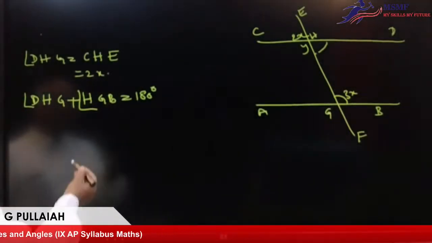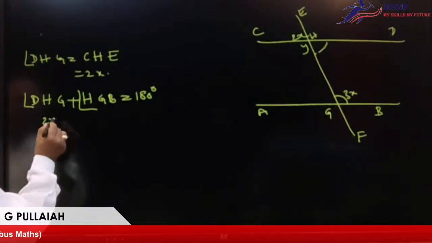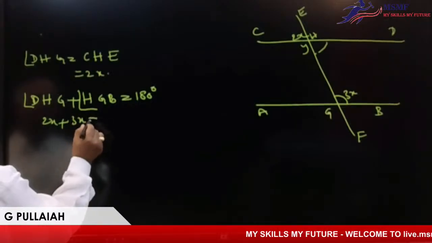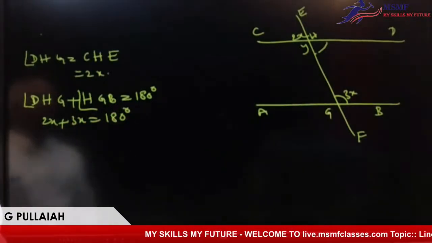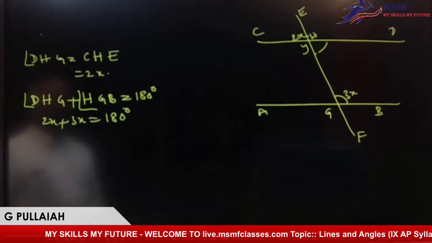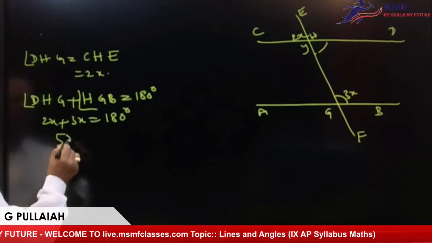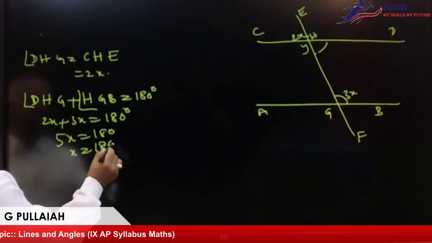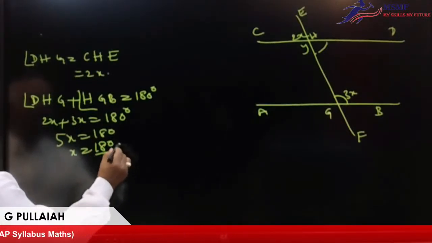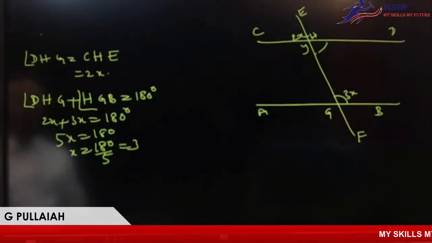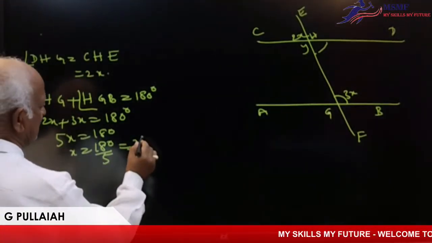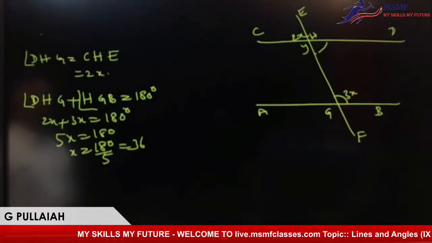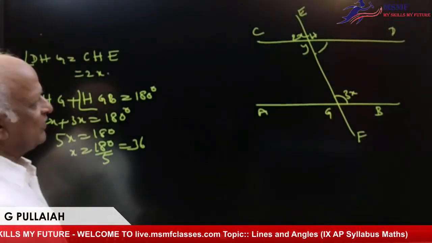So here they give this as 2x and here they give this as 3x. That is equal to 180 degrees. So here 5x is equal to 180, x is equal to 36. x is equal to 36.